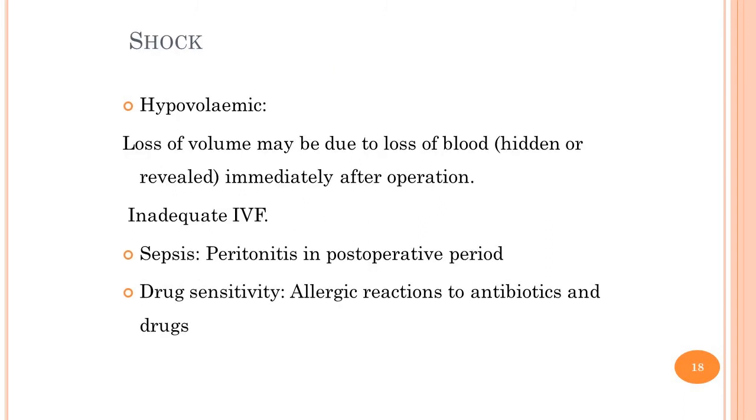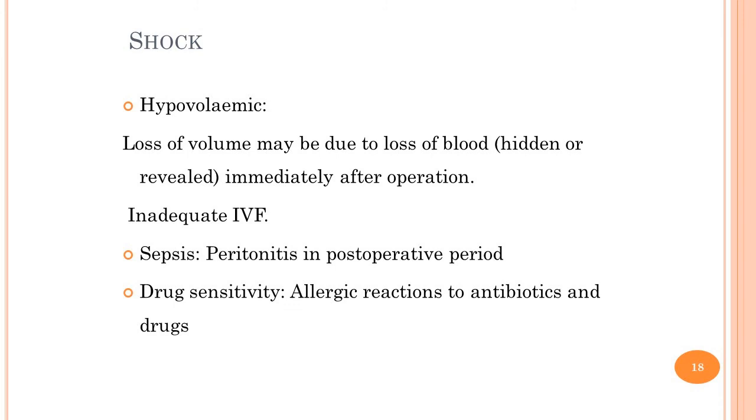Shock is a grave condition in post-operative care. In post-cesarean section, hypovolemic shock is the most common one. The reason for the hypovolemic shock is atonic PPH. Sometimes it may also be due to concealed hemorrhage. Inadequate fluid administration may also be a reason for hypovolemic shock.